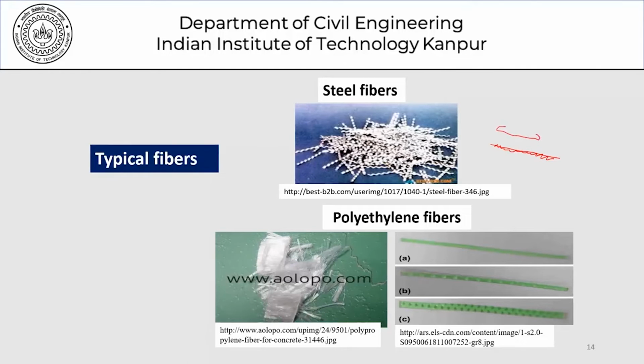So the staples are, if you recall, something like this, and this end really goes back in when you staple a document. So we have fibers which are in this shape, hooked fibers, straight fibers. As far as the cross section of the fibers is concerned, it could be round, it could be flat and so on. So these are different types of fibers depending on the manufacturing method, depending on the kind of material that you use. Different types of fibers are available to us for use in concrete.